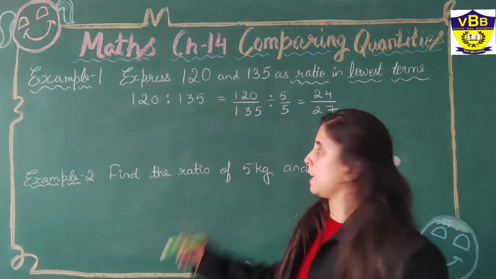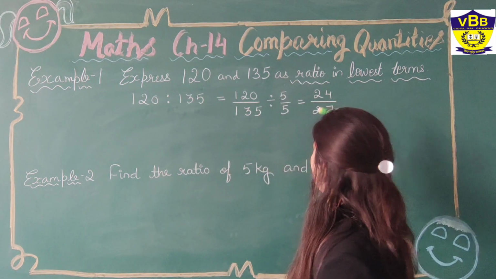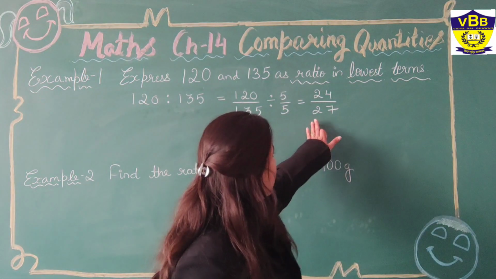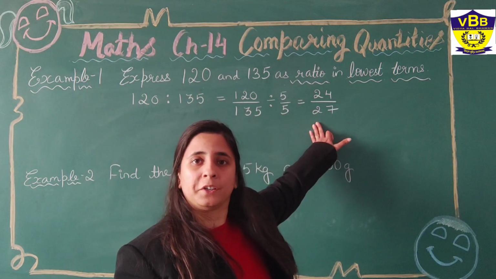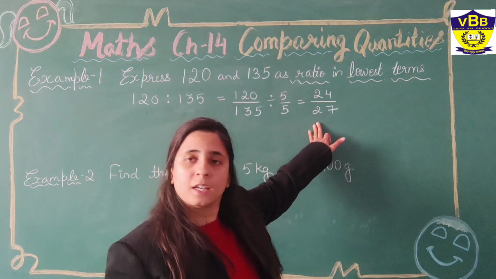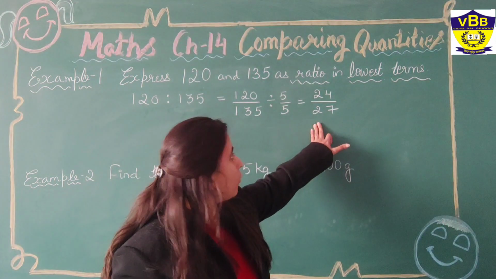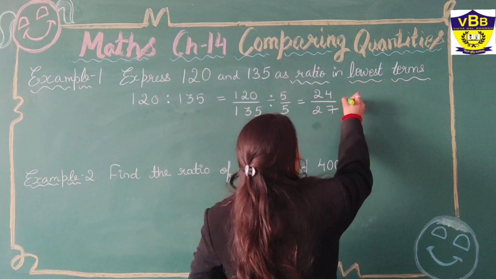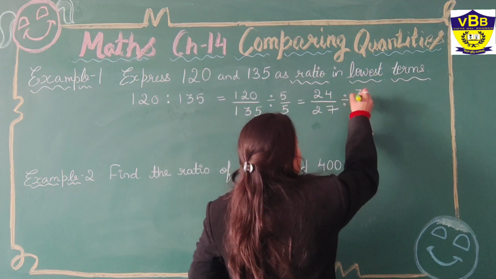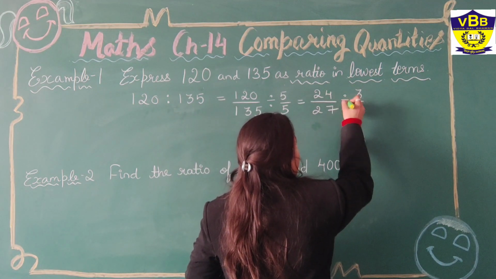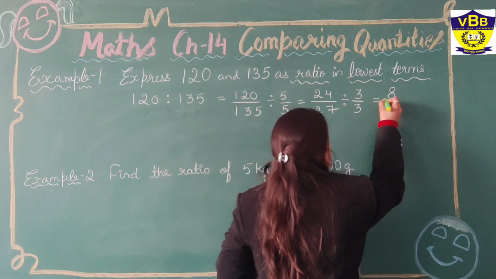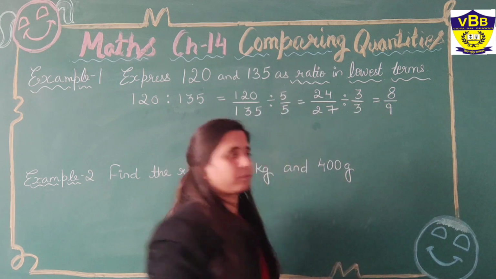Now, the next step is to check by what number you can divide 24 and 27. First, tell whether they have any common factor. They have 3 as their common factor. 24 and 27 both come in the table of 3, so we are going to divide by 3. 24 divided by 3 is 8, and 27 divided by 3 is 9.